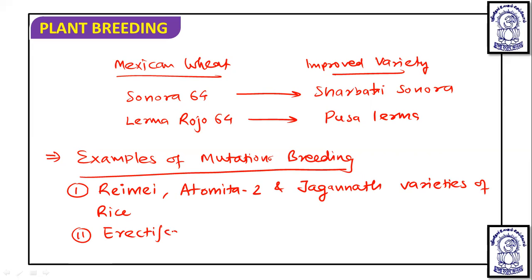Second is Erectum and Erectoides variety of barley. The third is Aruna variety of castor.